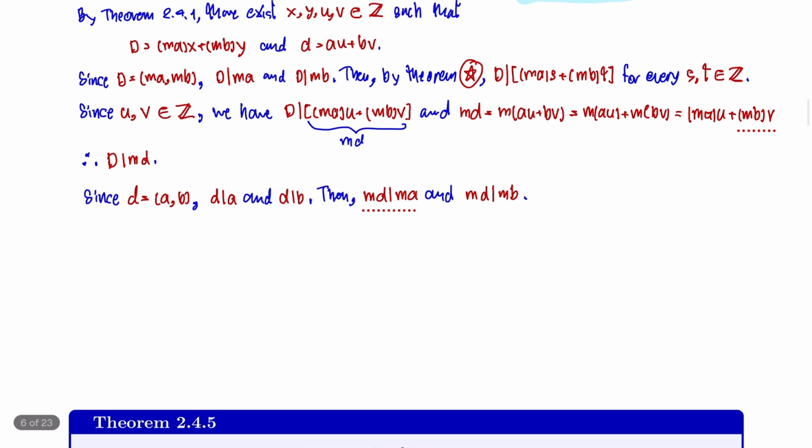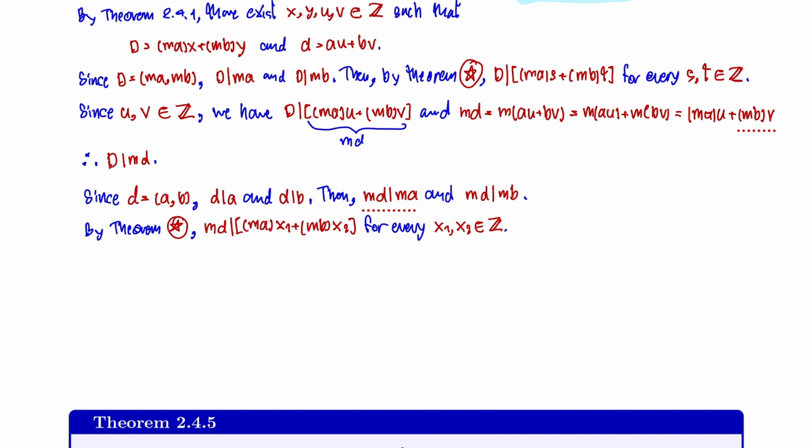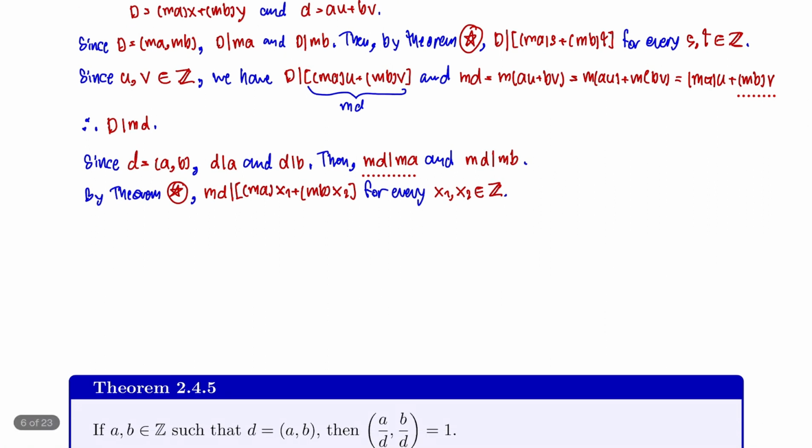By theorem star, we're going to have md divides ma times x1 plus mb times x2, for every integers x1, x2.